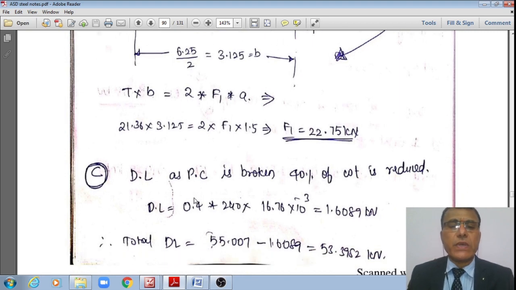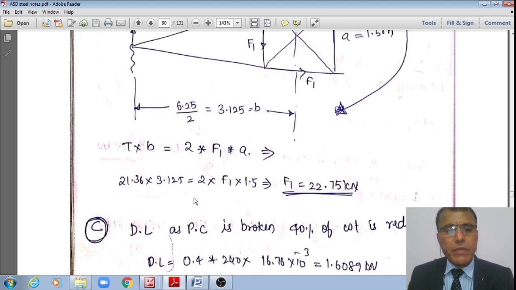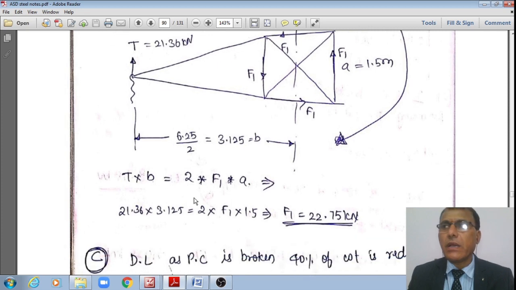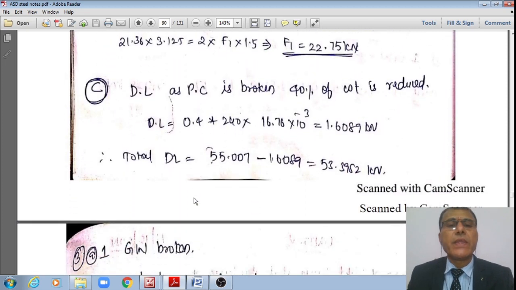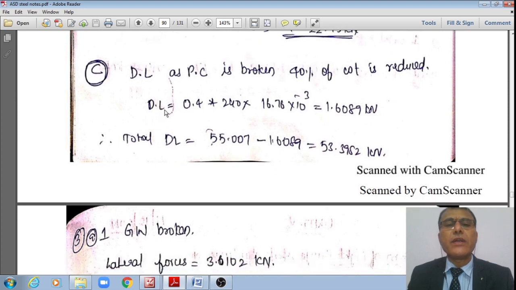That is how the broken power condition will lead to torque and additional forces. Now, next one is the dead load. As the power conductor is broken, 40% of that weight is reduced. Therefore, the dead load reduction is by 40%.